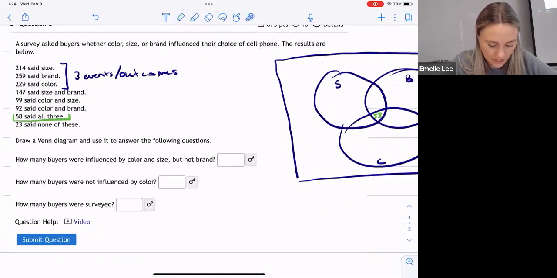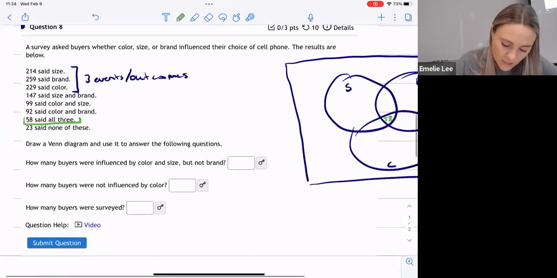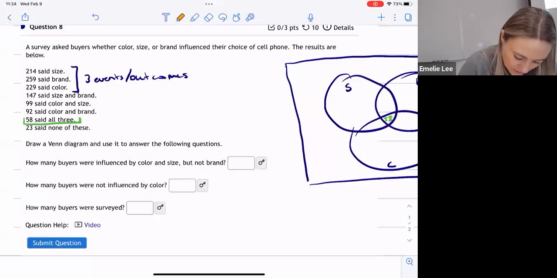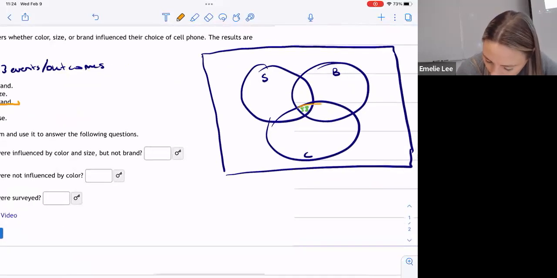Then we're going to look at 92 said color and brand. So color and brand is going to be, let's see if I can highlight this, this overlap, right?